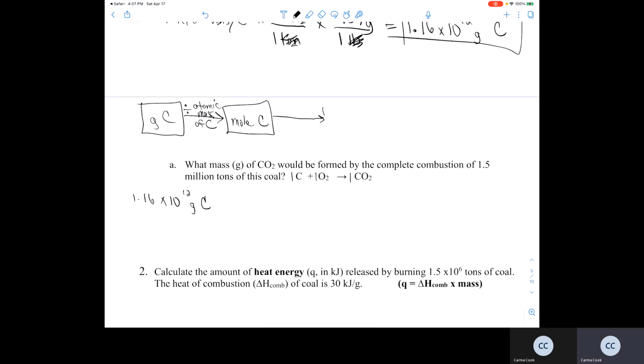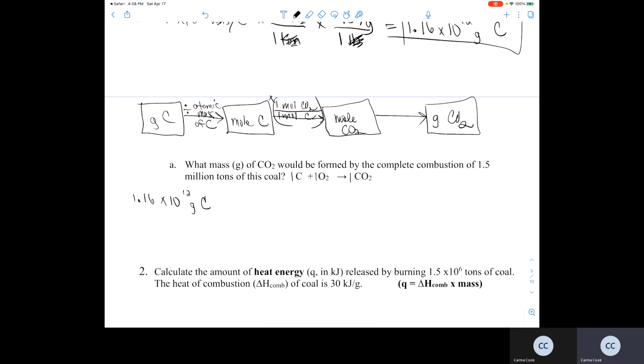Then we convert moles of carbon to moles of CO2 using the mole ratio, 1 mole of CO2 per every 1 mole of carbon, and multiply the moles of carbon by that mole ratio. And then finally convert moles of CO2 to grams of CO2.